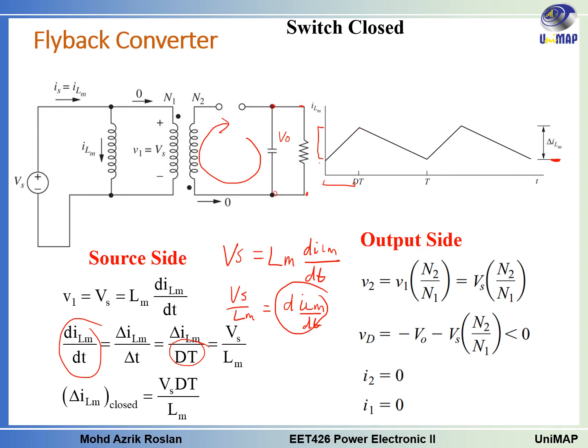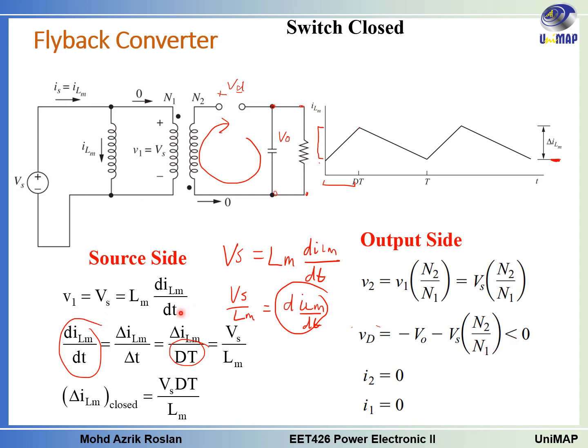Then we have the VD here, and at this point we have the V2, which is basically this one. So when you do the KVL around this loop, you will get VD equals negative V out minus Vs N2 over N1.